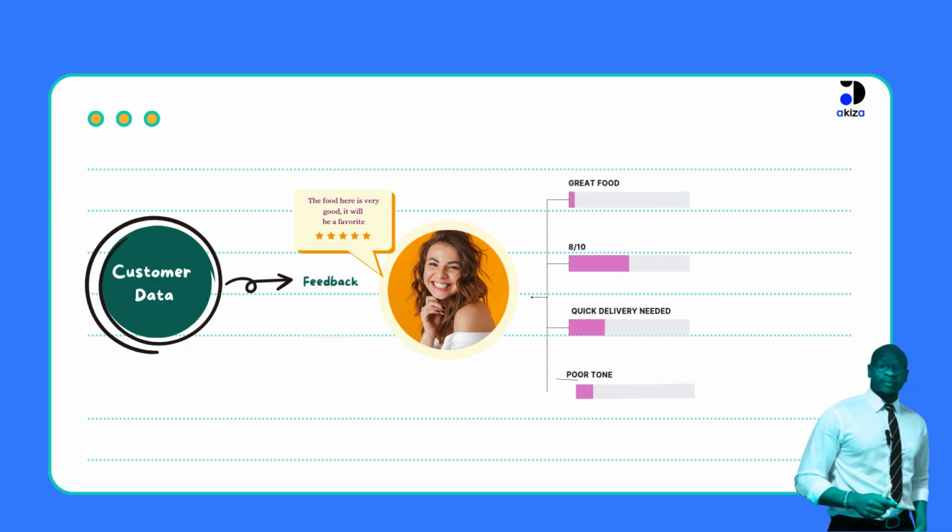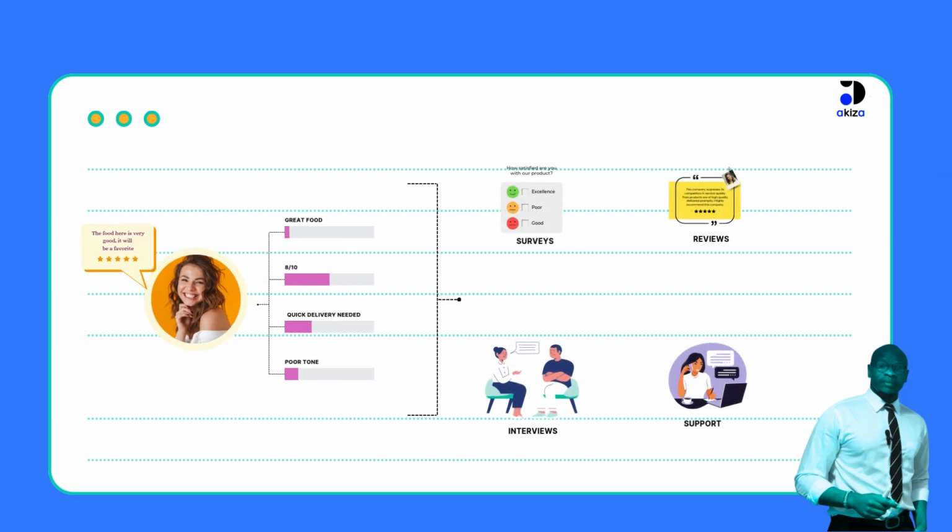It includes opinions, satisfaction levels, suggestions for improvements, complaints, and any kind of concerns. Feedback is usually collected through surveys, reviews, interviews, support interactions, if you have feedback systems, or social media comments on your company or business posts.